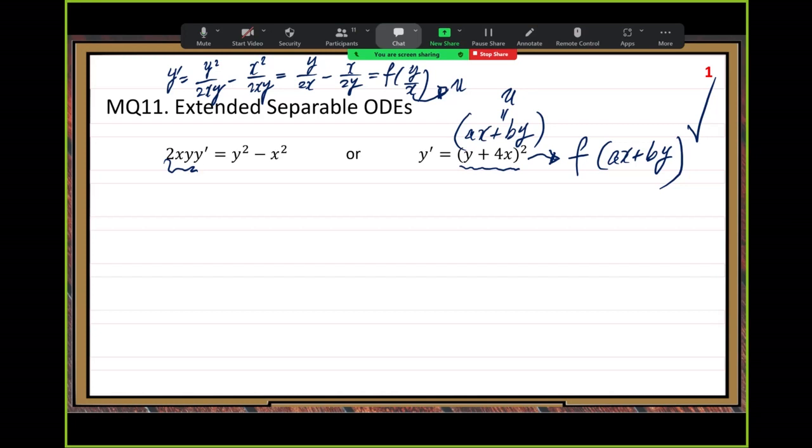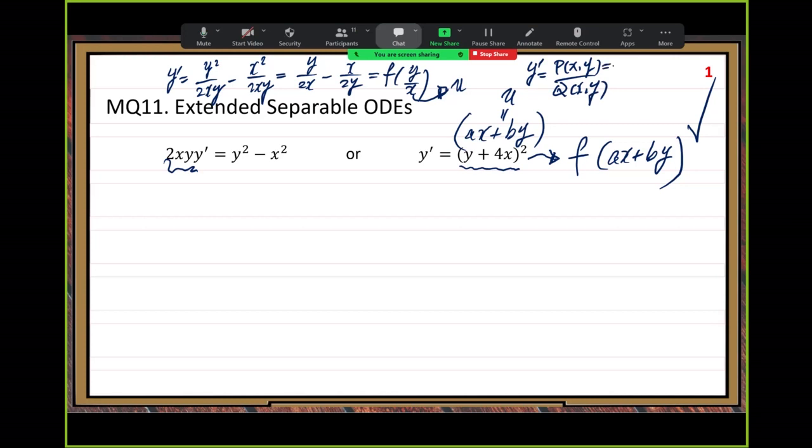Remember, in the last class I gave you an example that's closely related. Let me remind you: y prime equals P of x,y over Q of x,y. Remember that question I talked about last time?